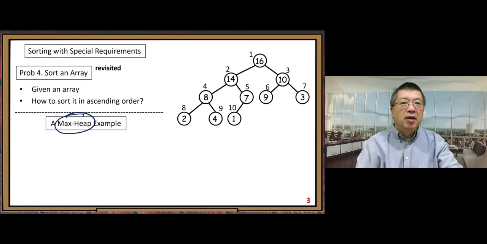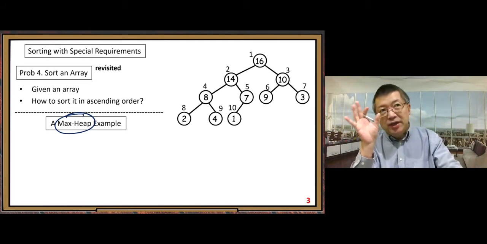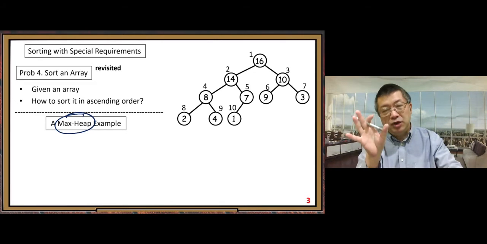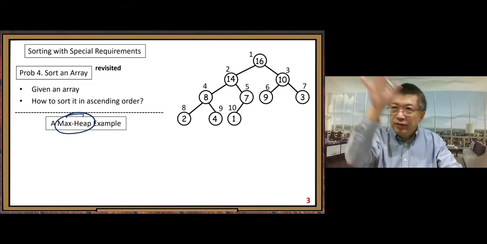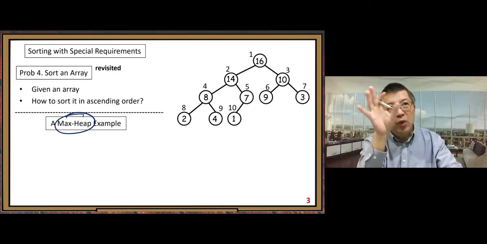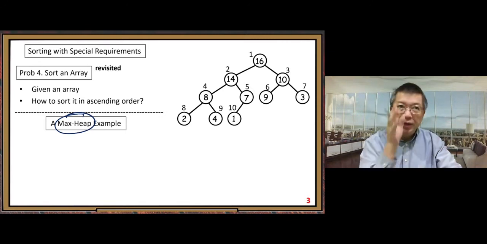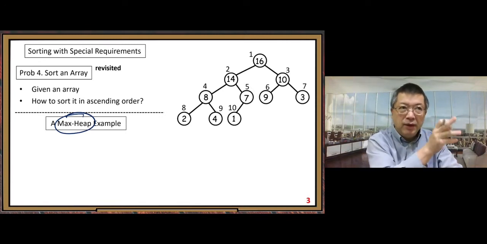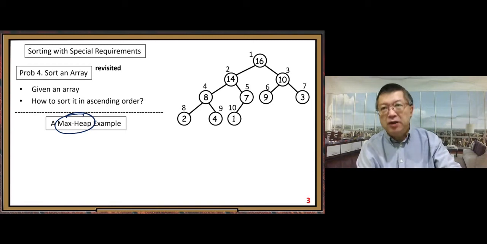But how do we store it? When we visualize this heap structure, it's a binary tree, but we store it in an array. So we want to look at the state in the array.